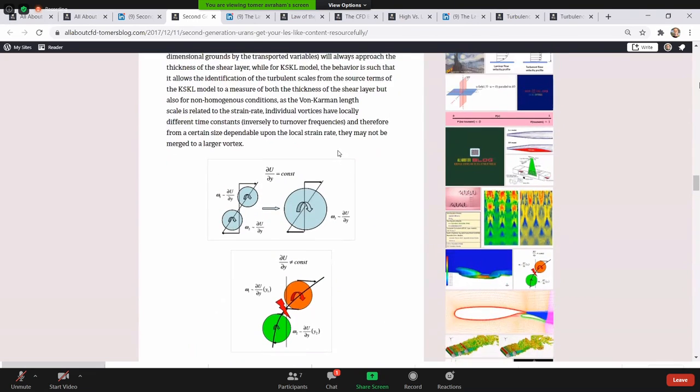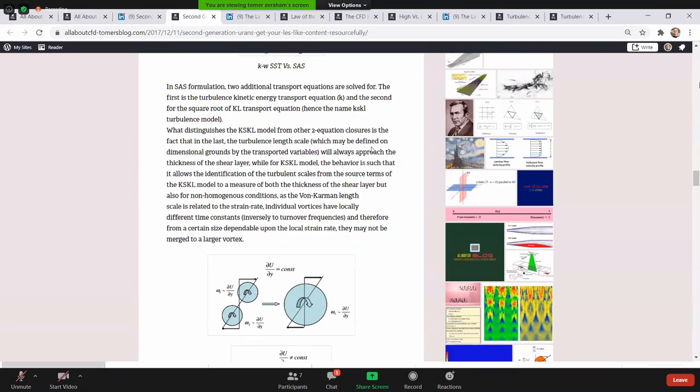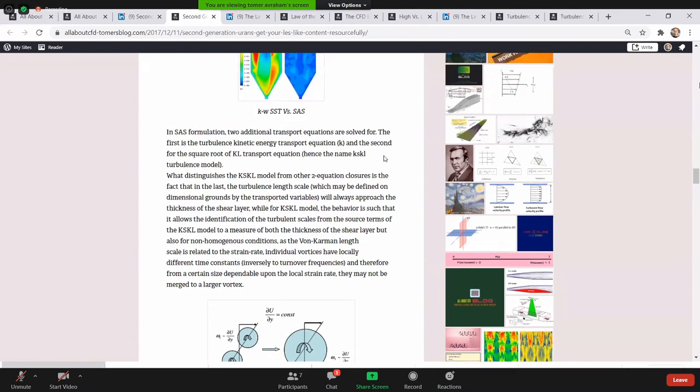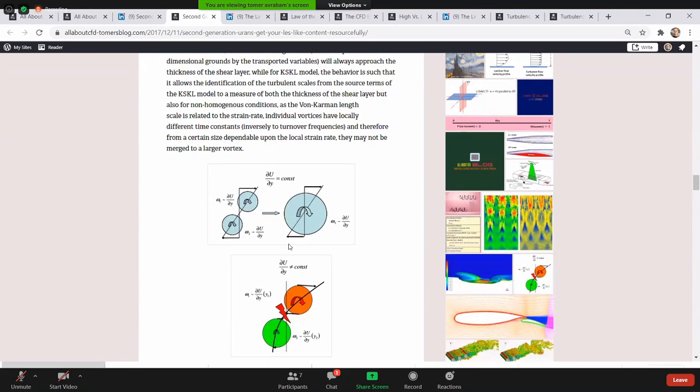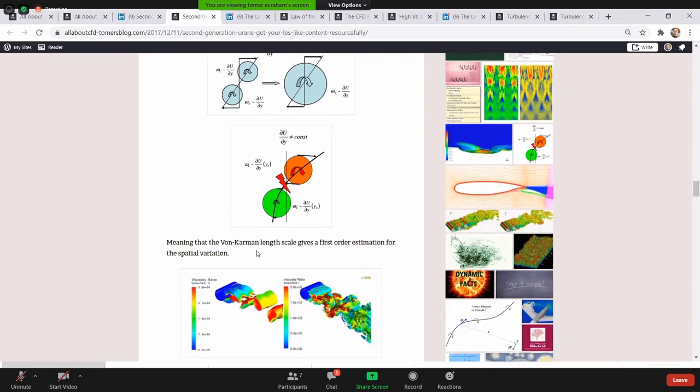What it does is simply it's a kind of formulation that uses some kind of approach which does not allow eddies to unite in a specific shear layer width. Okay, what does happen always with RANS. It always goes to the width of the shear layer, and then you get some turbulent content.